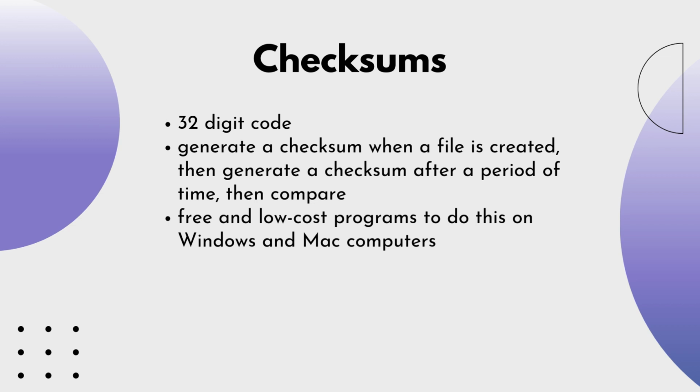It's $5 a month, with a 30-day free trial if you wanted to just try it out to see what it looks like. And it has a graphical user interface, so a really easy way to navigate through putting some files in, telling it to generate a checksum, and then after a period of time, generate another set of checksums for the same file, and then it will compare them for you and tell you if there have been any changes. So that's the kind of technical way to check on fixity.